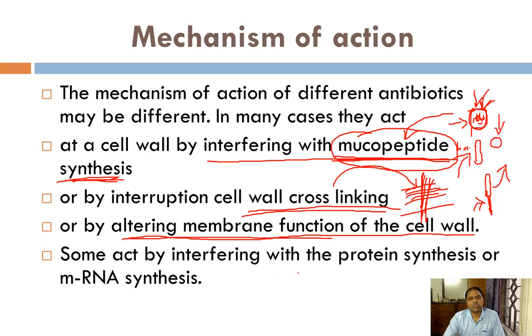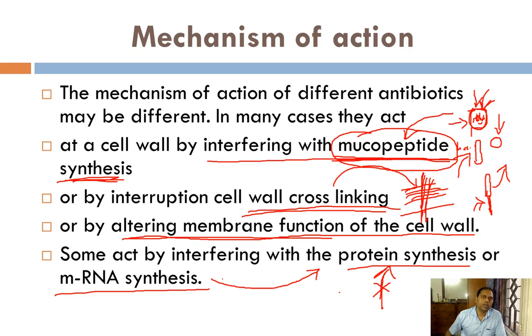Some antibiotics interfere with the protein synthesis, or with the mRNA synthesis. Even mRNA synthesis is required in the protein synthesis. Bacteria produce protein for their growth, so if you interrupt this protein synthesis, the organism will die, and that's how antibiotics kill these microorganisms.